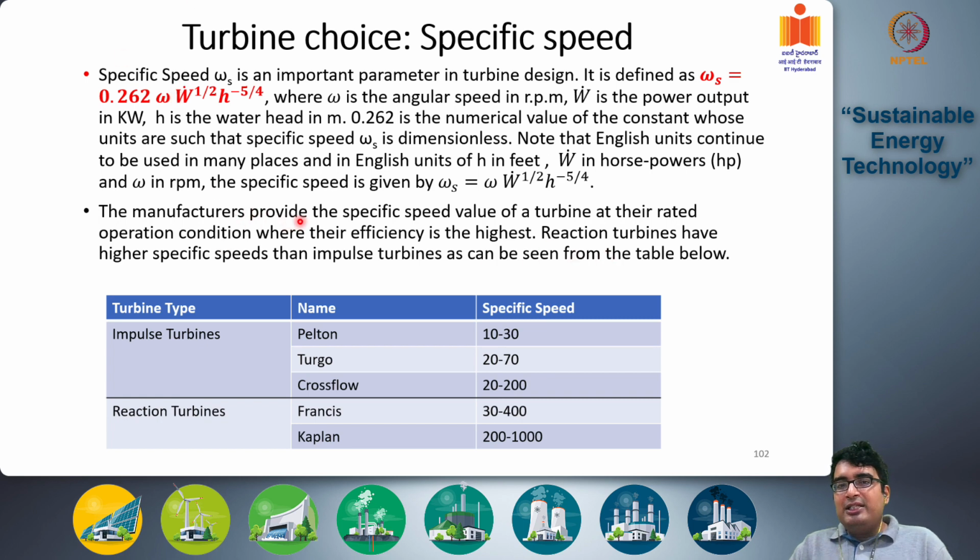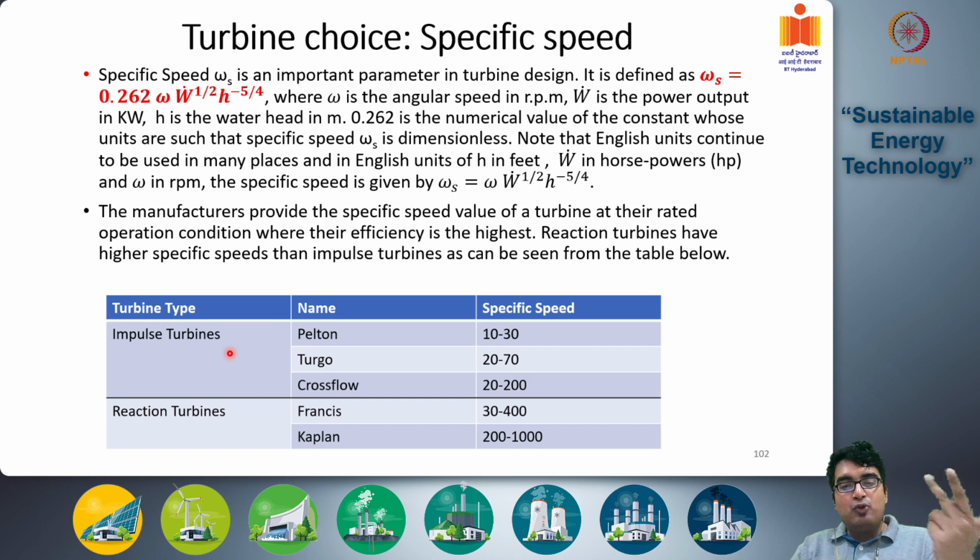So manufacturers typically provide the specific speed value of a turbine at their rated operating conditions where their efficiency is the highest. Reaction turbines have higher specific speeds than impulse turbines, as can be seen in the table below. So here we are looking at typical specific speed values of different types of turbines.